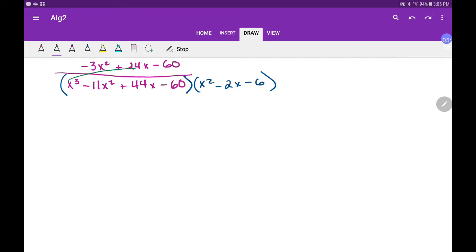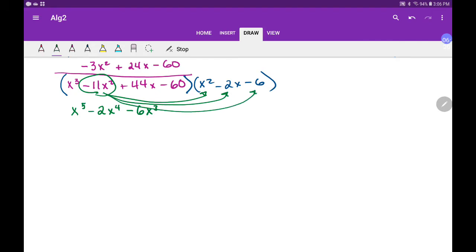All right, so let's methodically take x to the third times each one of these. That's what I'm going to do for every term in the first with every term in the second. So I have x to the 5th minus 2 times x to the 4th and minus 6x to the 3rd. Now I'm going to do it with this guy, multiplied by each one of these.